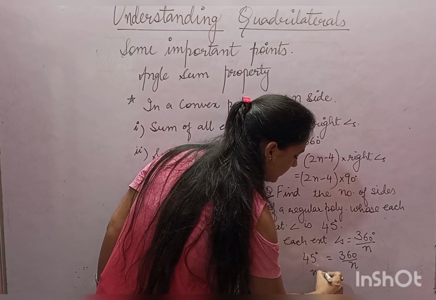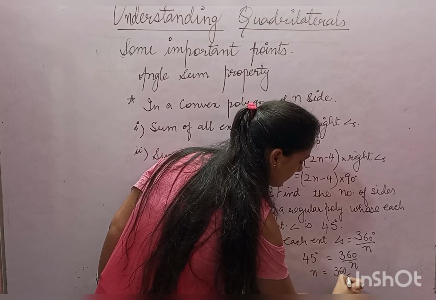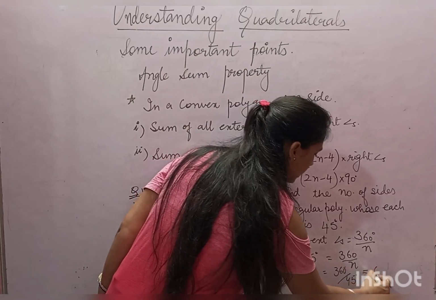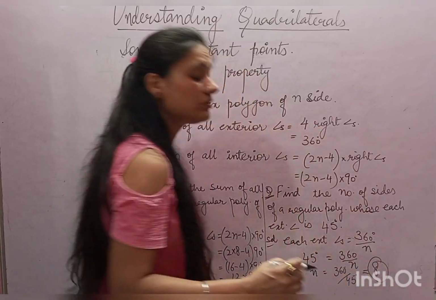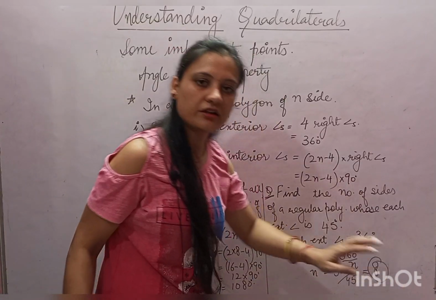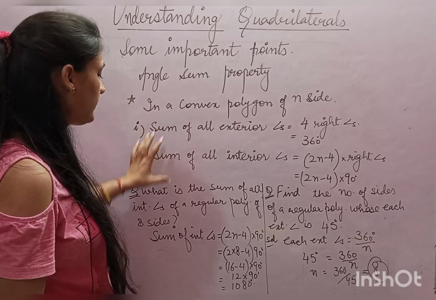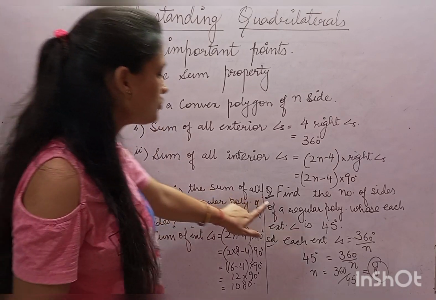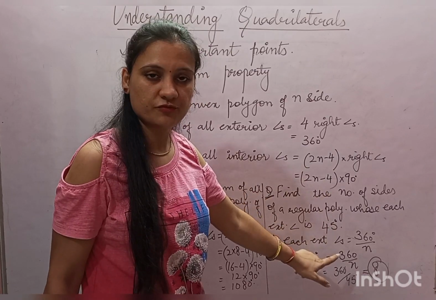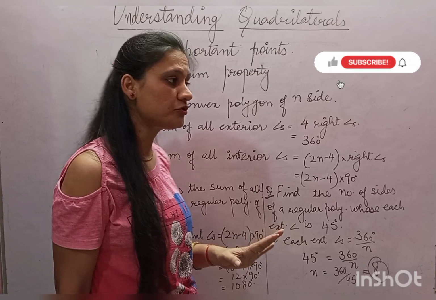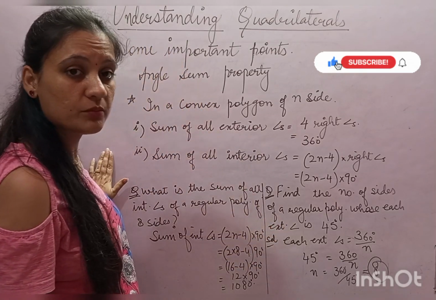So what is n here? 360 divided by 45. That is, if you cancel, what do you get? 8. So they are talking about the polygon whose number of sides is 8. Understood? How to find out the sum of all interior angle of a given polygon and how to find out the sides of a polygon when each exterior angle is given. I hope it is clear to you. Please do remember the formulas.